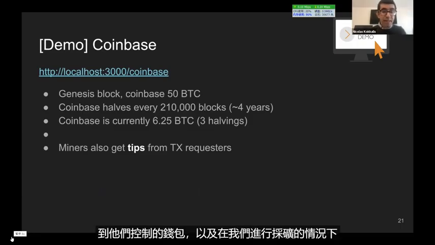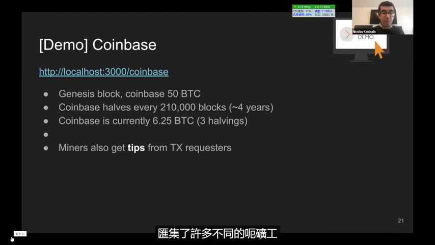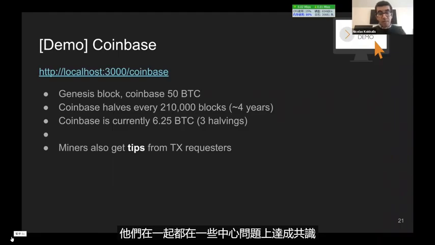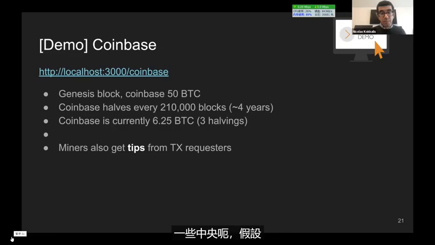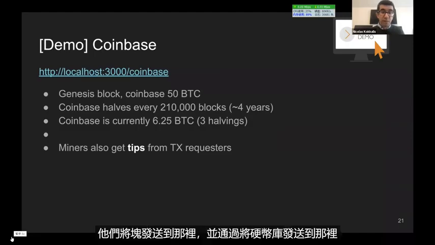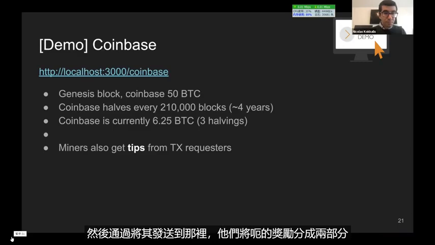And in cases where we have mining pools, a lot of different miners coming together, they all agree on a central wallet address of the mining pool. If they find the block, they send the Coinbase there, and by sending it there, they then split the reward.